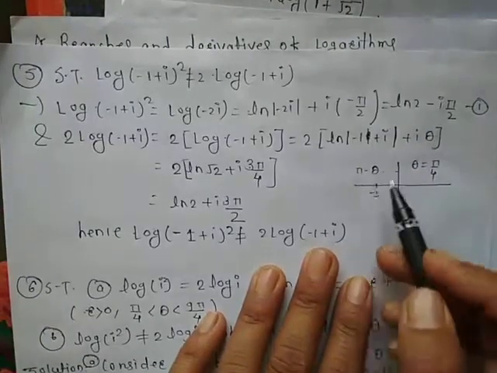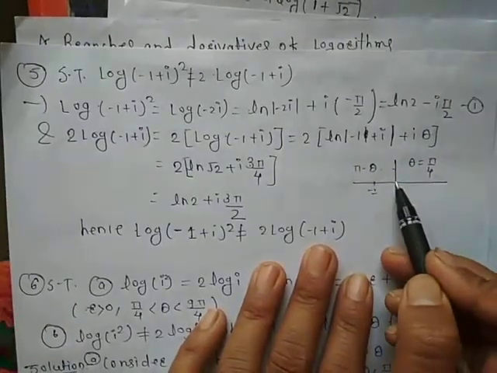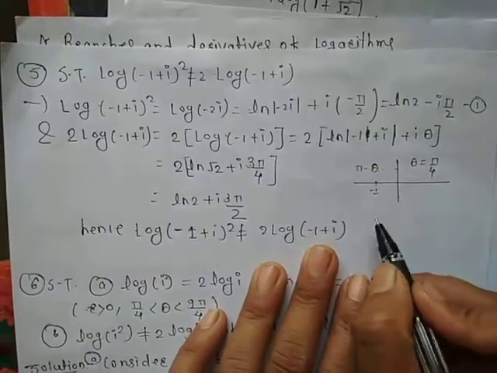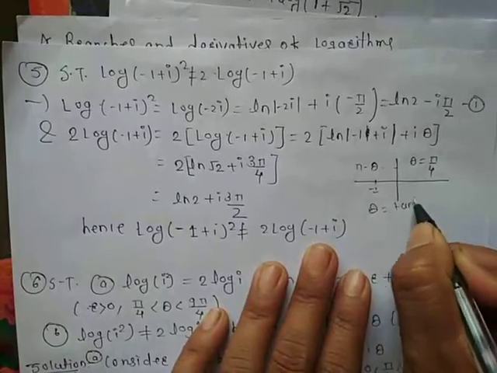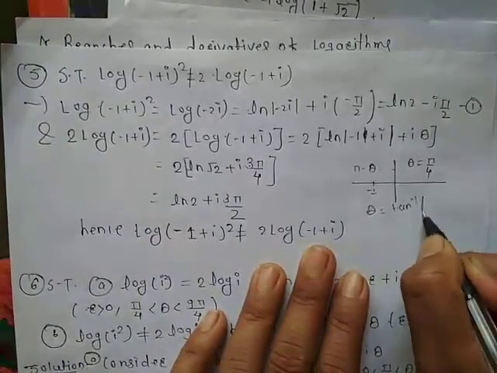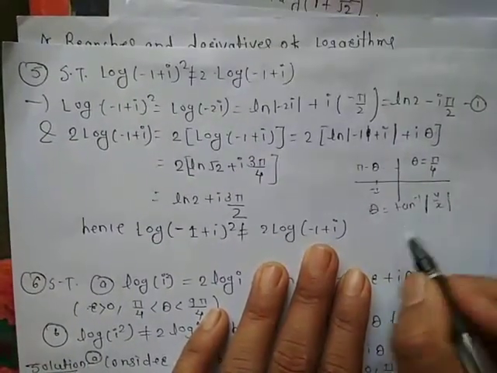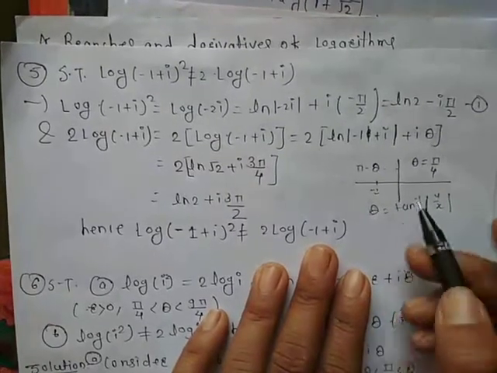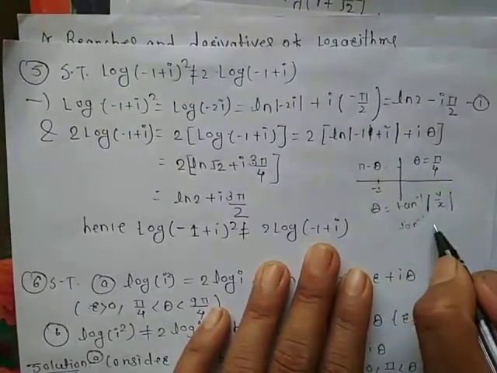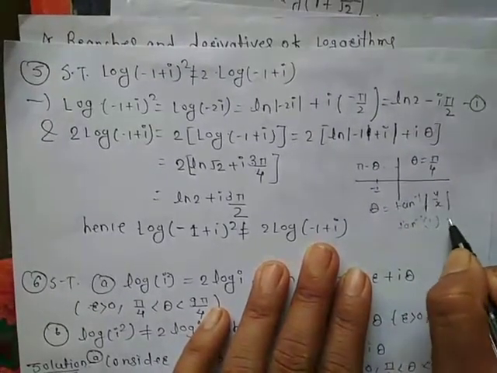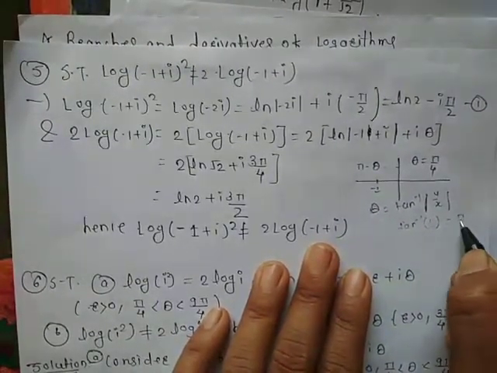Okay, x is negative and y is positive. We know that the value of theta is tan inverse of modulus of y upon x. Here theta is tan inverse of modulus of minus 1 upon 1, which means it is tan inverse of 1, which is equal to pi by 4.